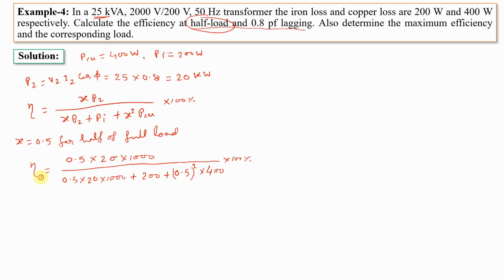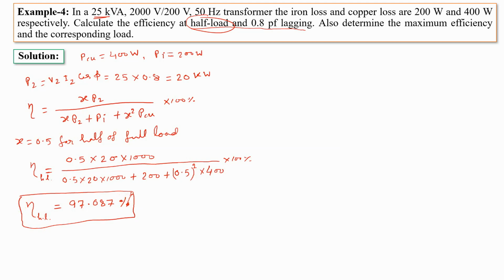This is the efficiency for half load condition. After solving this, we get the efficiency as 97.087%. So this is the efficiency of the transformer at half load and 0.8 power factor lagging.